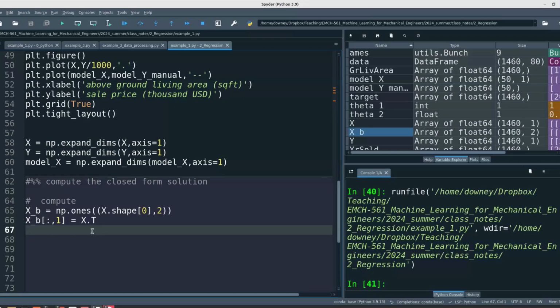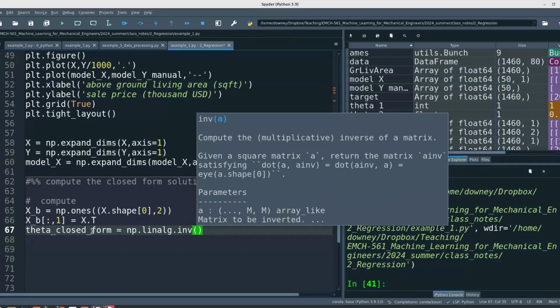Theta underscore closed underscore form is equal to np dot linalg dot inverse, linear algebra inverse, of that expression we wrote before, which is x underscore b. That's our x with our bias term.